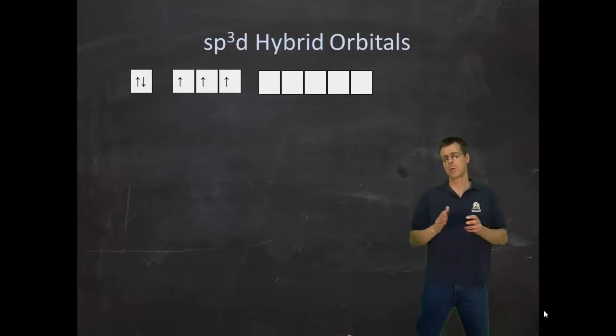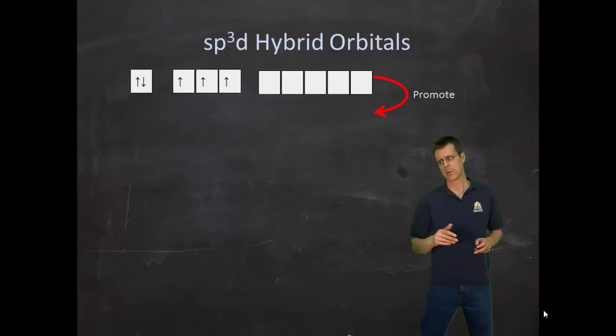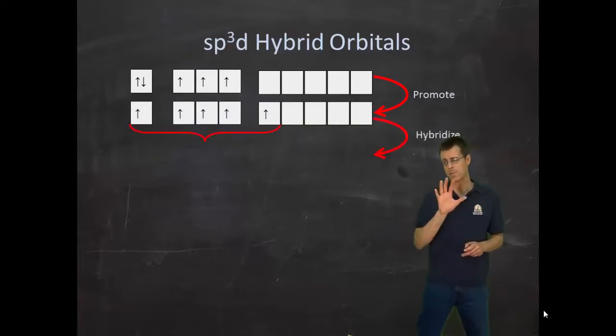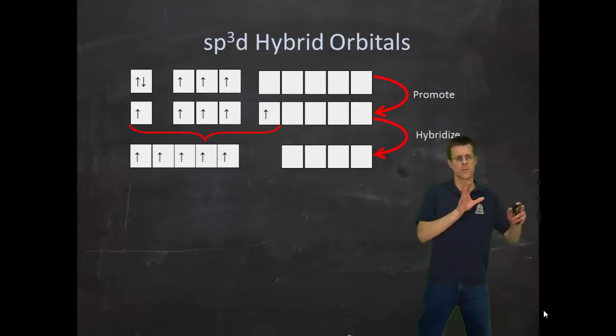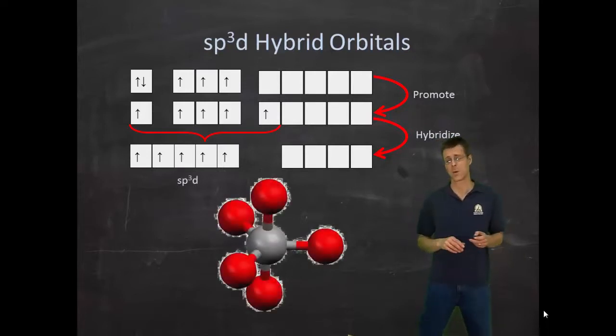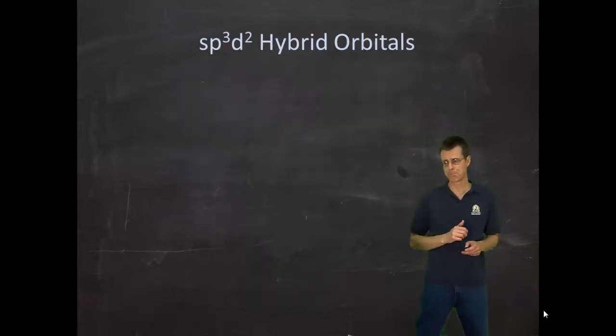But if I want to hybridize and promote an electron into one of those d orbitals, and then hybridize all 5 of them, now I can have 5 new orbitals of a new type. I could call that sp3d, because I'm using s, 3 p's, and a d, so sp3d hybrid orbitals. I still have those other d orbitals that I'm not using, and that allows me the space for a trigonal bipyramidal shape, which we see.